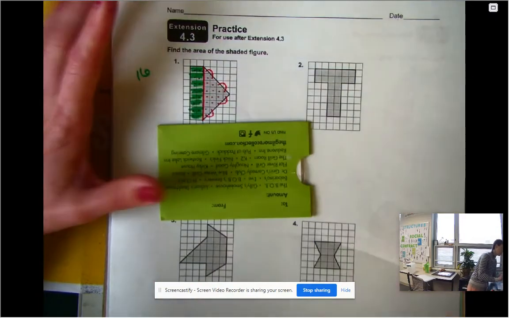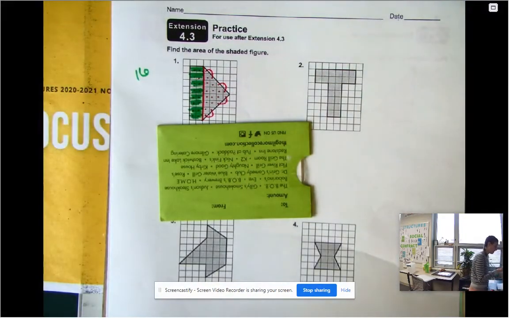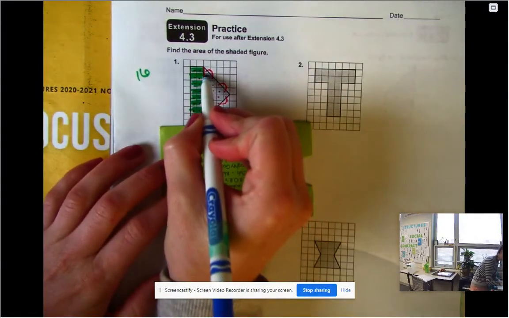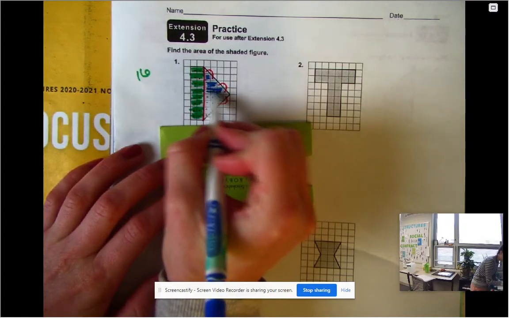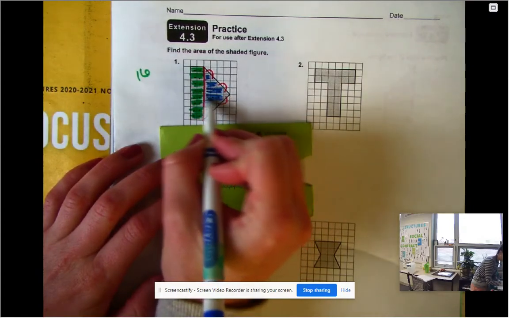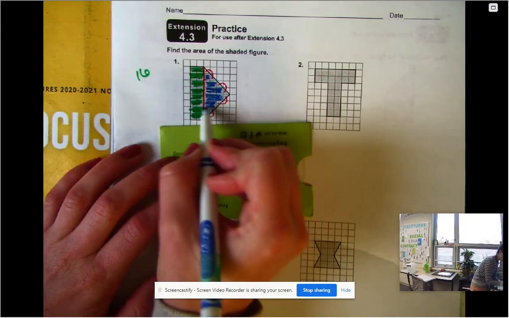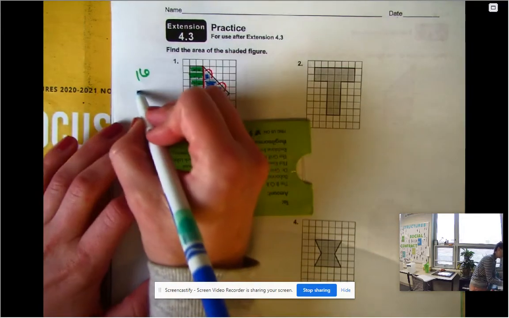You put 16 over here so I remember that. Next, I'm going to count all of the complete whole squares I can. I see 1 through 12, so 12 complete squares.